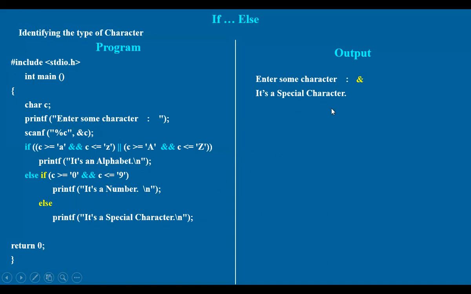Run it again. This time we have given the at symbol, and it is again a special character. Like this, the if-else statement is used to even identify characters. So we can see with this example how to handle characters also.